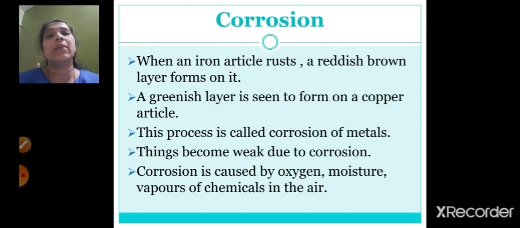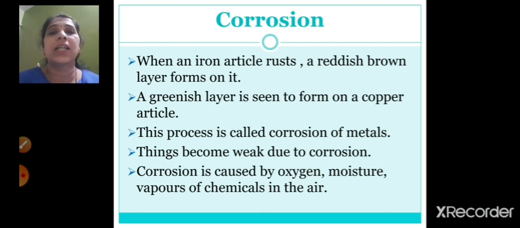Now, what do you mean by corrosion? Now, children, you might have seen that whenever an iron article is kept, what happens because of its contact with the oxygen and the water, right? A reddish brown color is formed.